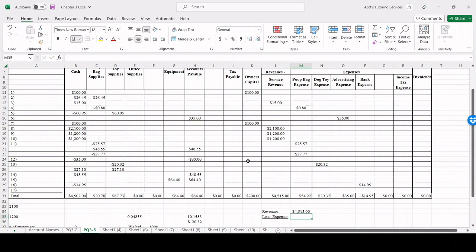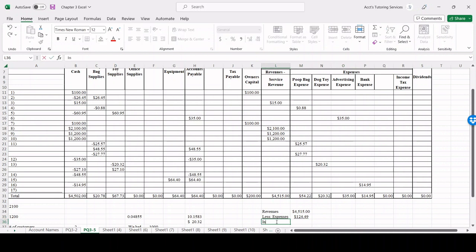Now we can easily calculate our total expenses. We're going to take the poop bag expense of 54.22 plus the dog toy expense of 20.32 plus the advertising expense of $35 plus the bank expense of 14.95 to arrive at our total expenses.